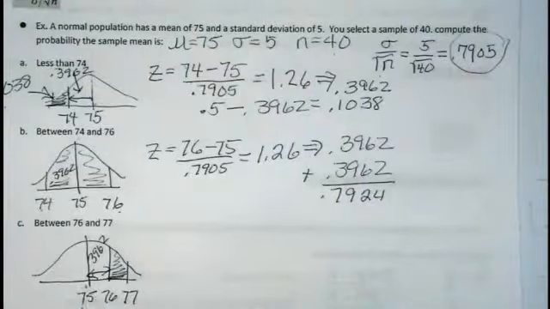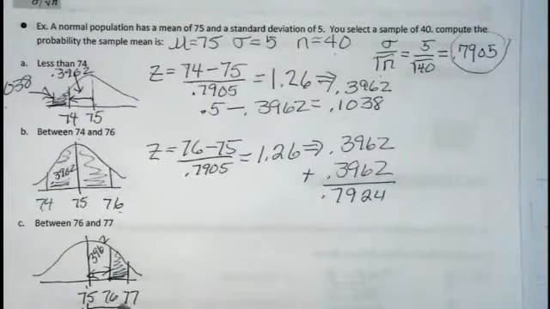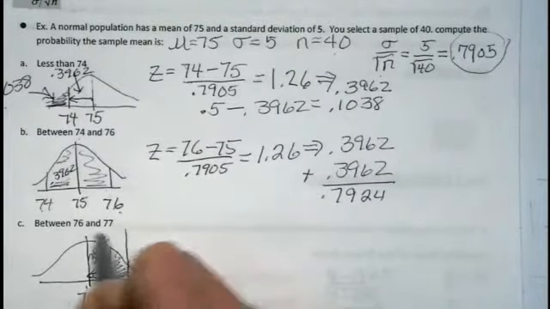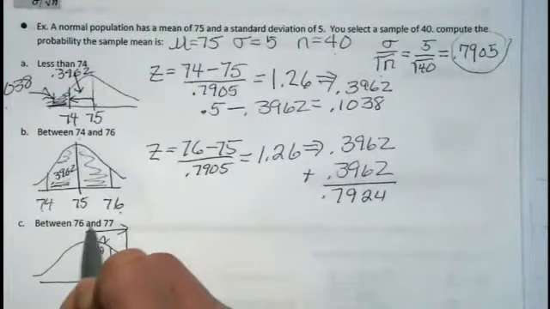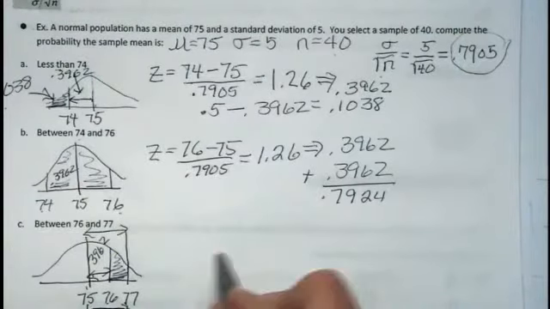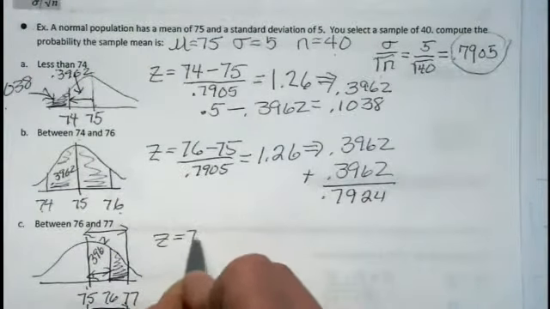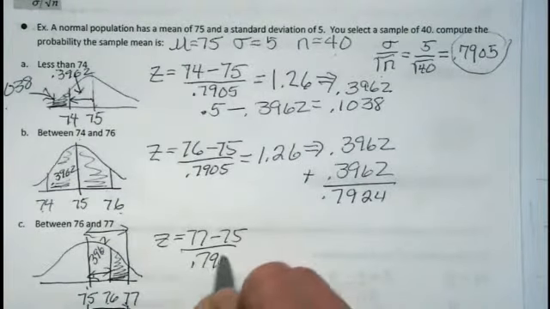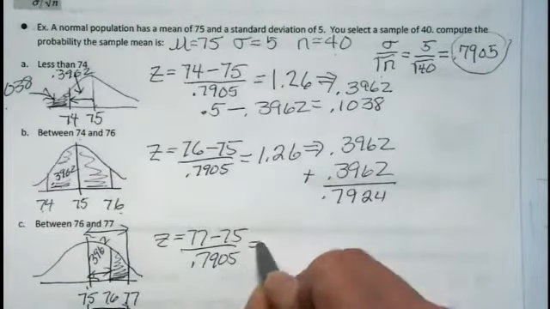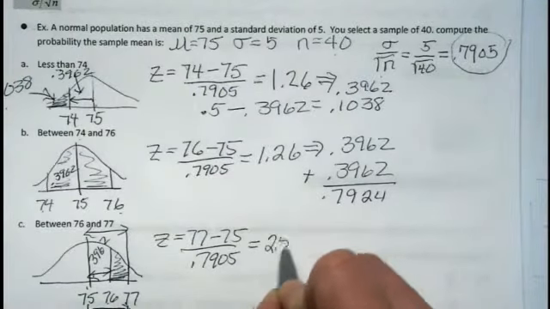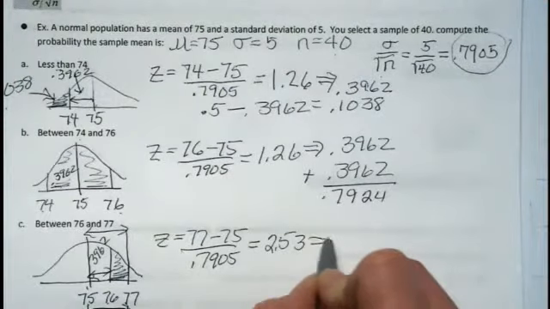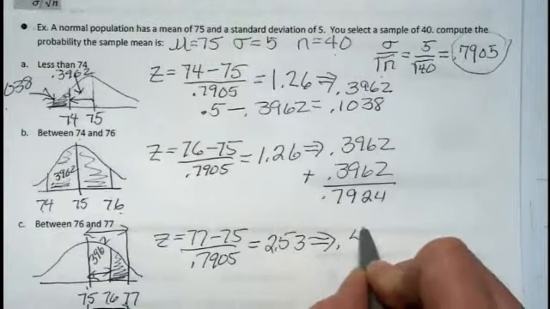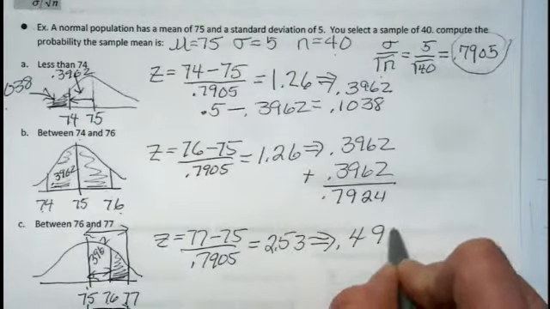And we also know our z-table is designed from the center line out, so we have to calculate 75 to 77. We have to calculate this area, z, 77 minus 75 over the standard error, remember, not standard deviation. When we do that, we get 2.53. We look that up in the table and we get 0.4943.